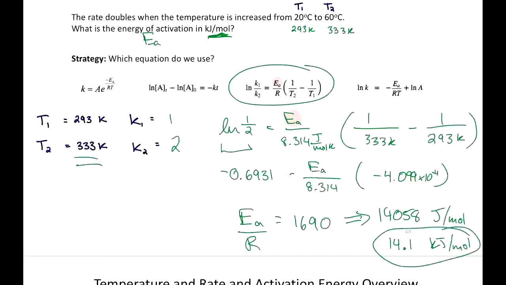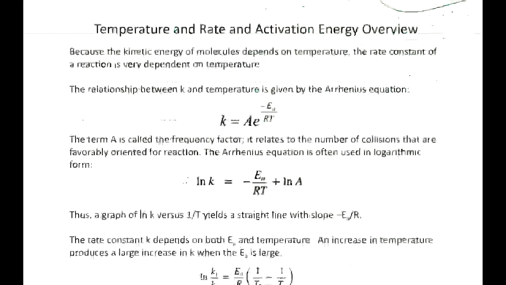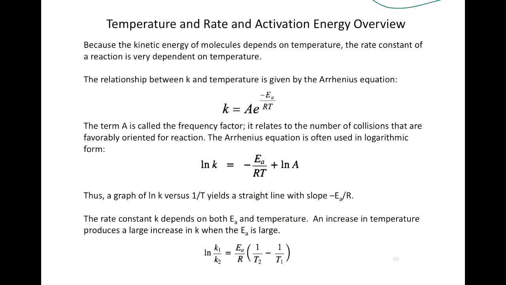All right, so that's activation energy and temperature. There's the overview of that. We looked at a bunch of different equations derived from the Arrhenius equation. We get our trends from the Arrhenius equation. K will always increase when temperature increases or when the activation energy for a reaction lowers. We can calculate activation energy graphically by looking at the same reaction conducted at different temperatures.